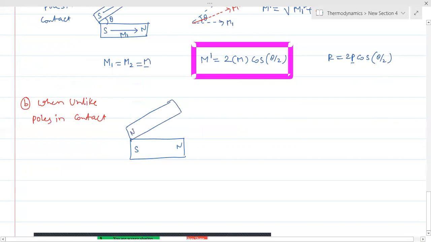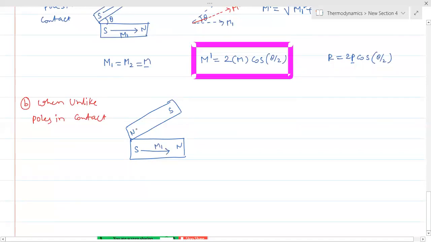Unlike poles means I am taking this as north and this as south. First, you need to construct the directions of M1 and M2. So let us say this is S to N, the magnetic moment M1, and this is S to N, the magnetic moment M2. And now this is given as theta.